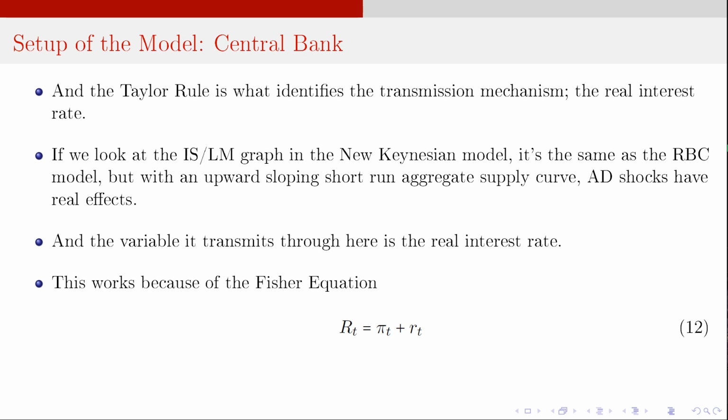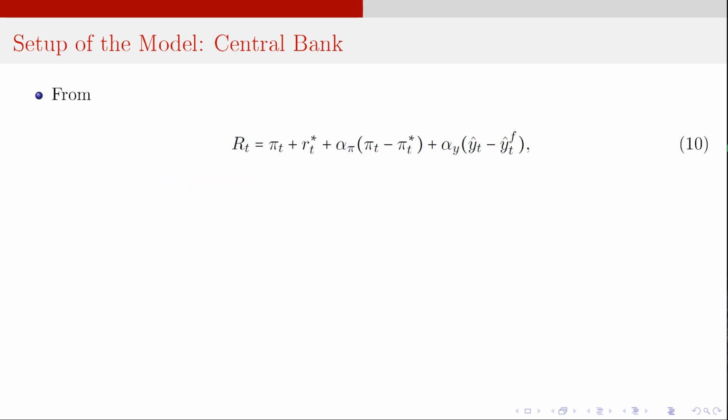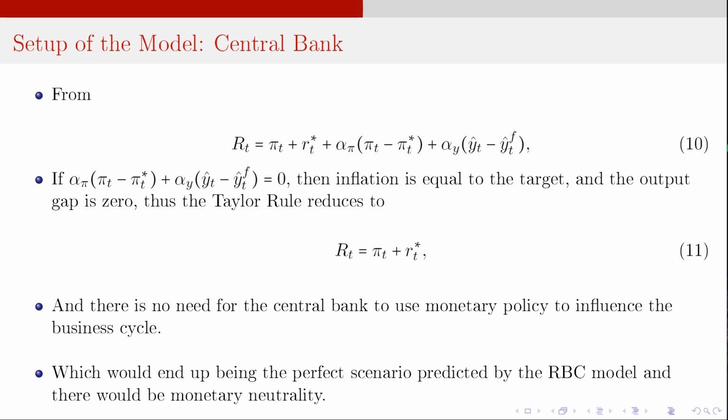And really, if we go back to the Taylor rule, that Taylor rule is just an augmentation of the Fisher equation. So the Taylor rule is just the Fisher equation when the Fisher equation isn't really enough to explain what's going on.